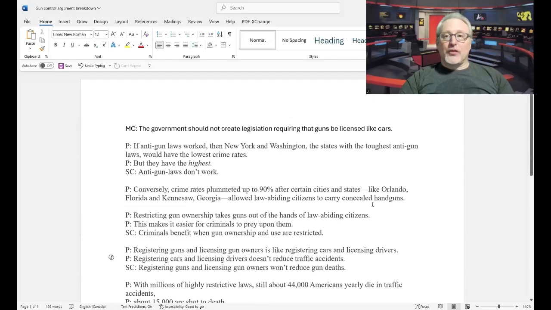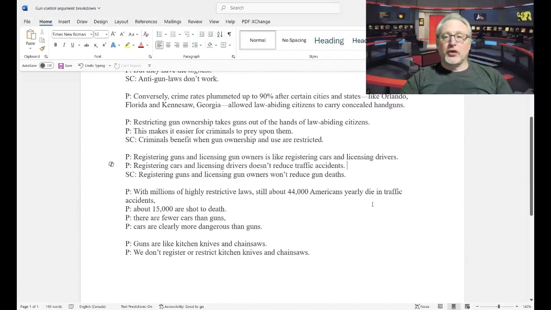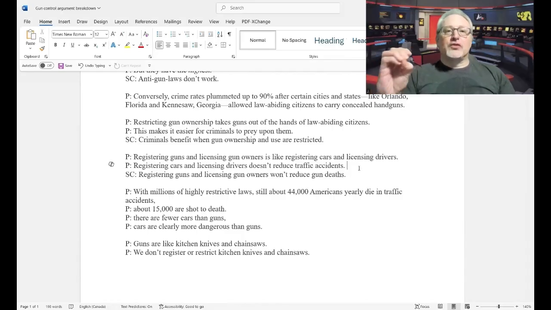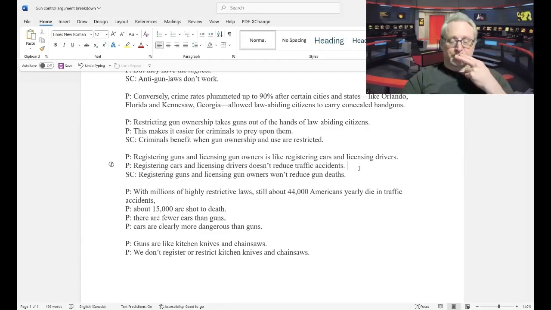So if all of this is trying to convince us there shouldn't be legislation requiring that guns be licensed like cars, that totally connects to this cars-are-like-guns or guns-are-like-cars bit, right? And saying that registering guns and licensing gun owners won't reduce gun deaths does appear to support his main conclusion that the government shouldn't require licenses for guns.